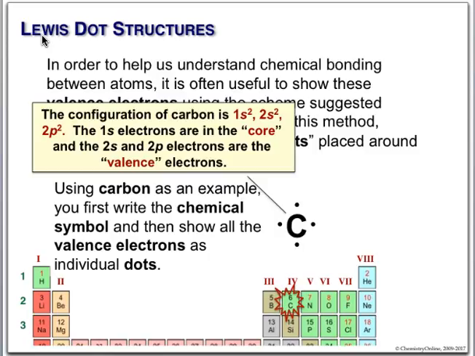This is the Lewis structure for the carbon atom. 4 valence electrons. Doesn't tell us if they're S or P's, we don't care. We have 4 single dots around our carbon.